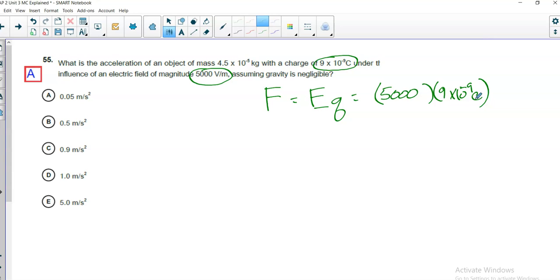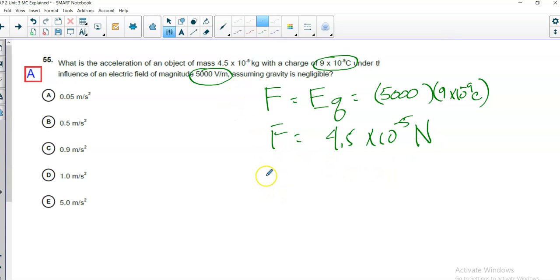So I get 5,000 times 9e negative 9. Alright, and I get a force of 4.5 times 10 to the negative 5th newtons.